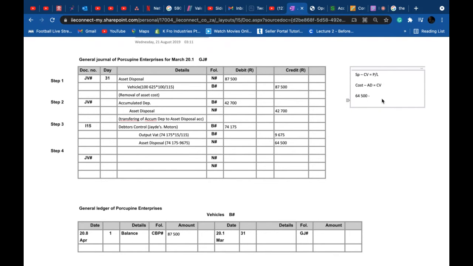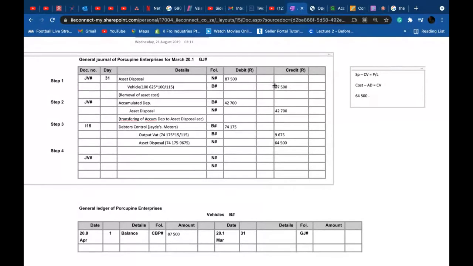Okay, so here, what was the cost of the asset to us, exclusive of VAT? Here you can see we removed it out of the books, this 87,500. So I'm just going to put this in brackets, 87,500. And then the accumulated depreciation, we also removed that out of the books. Is this 42,700? So 42,700.